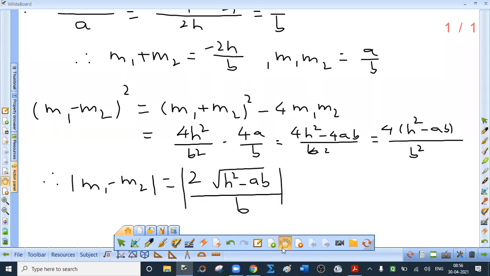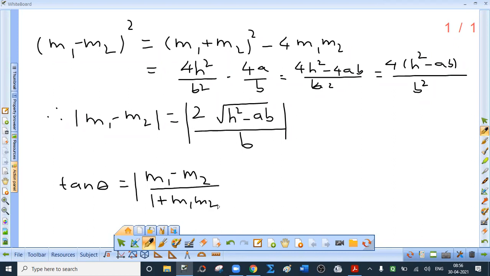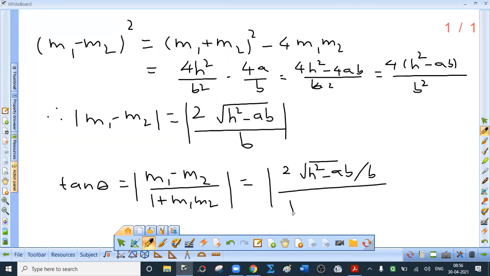Okay. Now I will mention the formula that if theta is an acute angle between the lines with slopes m1 and m2, what is tan theta? It is mod of m1 minus m2 upon 1 plus m1 m2. Now just substitute the values. So this is 2 root of h square minus ab divided by b upon 1 plus a upon b.